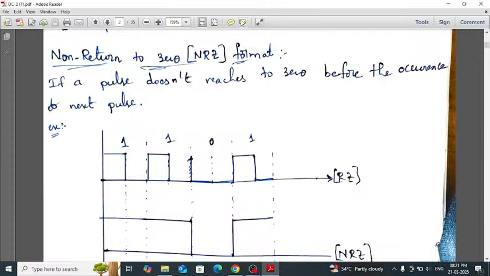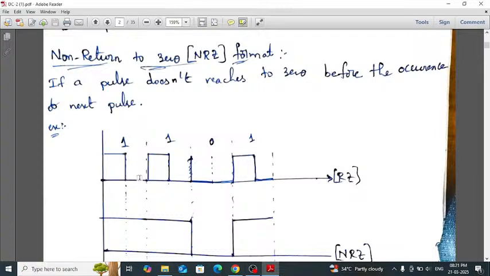Suppose the symbol duration is from here to here; this is one symbol duration, this is another symbol duration, and another. Suppose for 1 we have the positive amplitude level, and for 0 the zero level. Then the symbol 1 positive amplitude level should be present for the total symbol duration, but here we are writing the return to zero format. So for return to zero format, the pulse will be present for only half of the symbol duration.